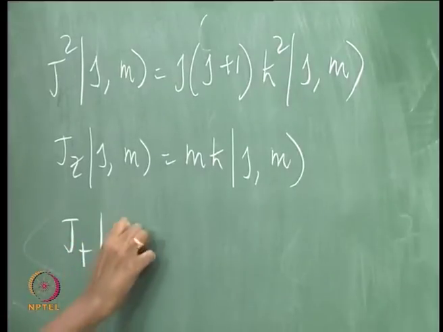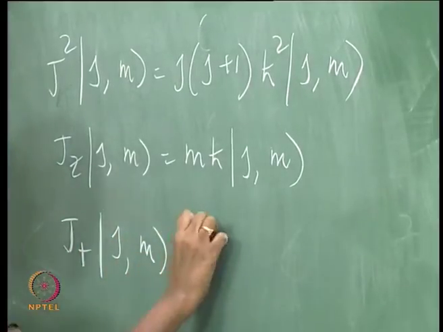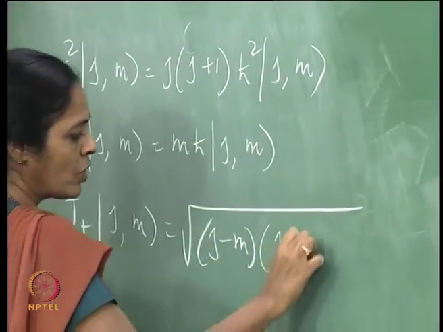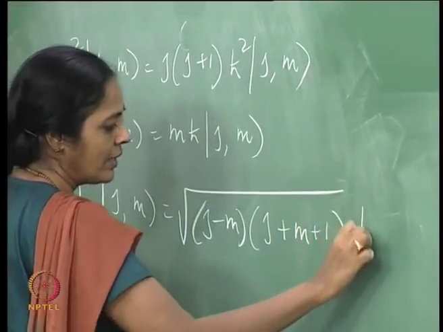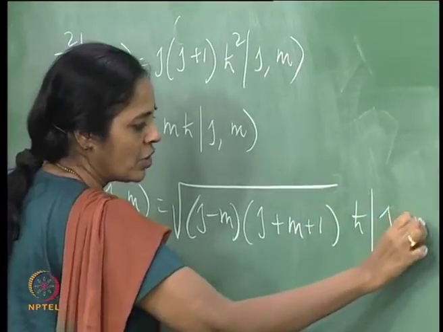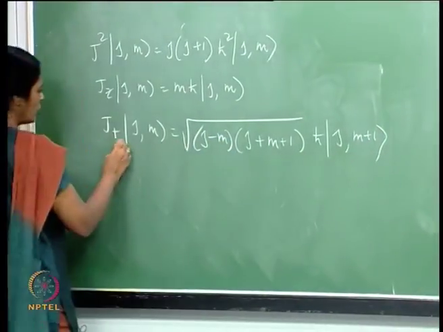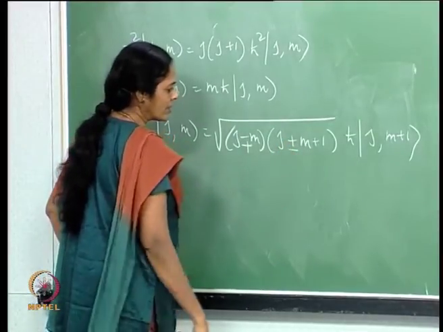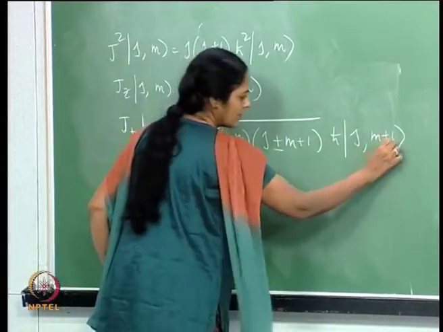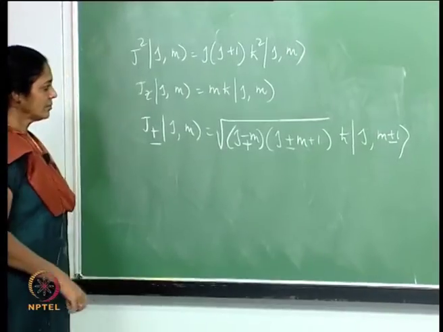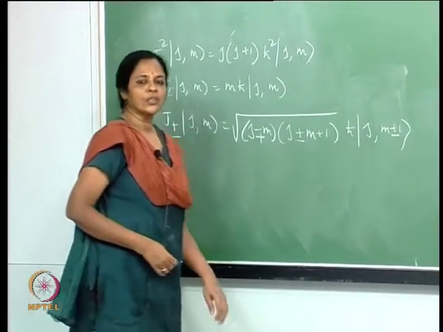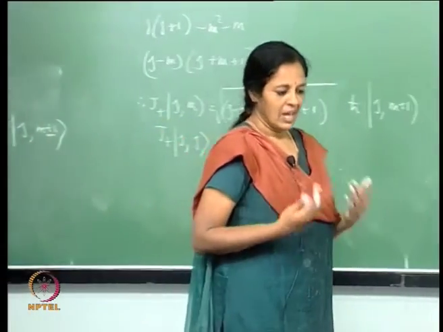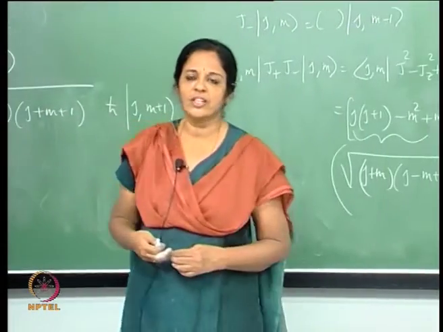I have J₊ acting on |j,m⟩ is the root of (j−m)(j+m+1) ħ |j, m+1⟩, and J₋ acting on |j,m⟩ gives me this. So this is the manner in which the angular momentum operators act on the basis states |j,m⟩.